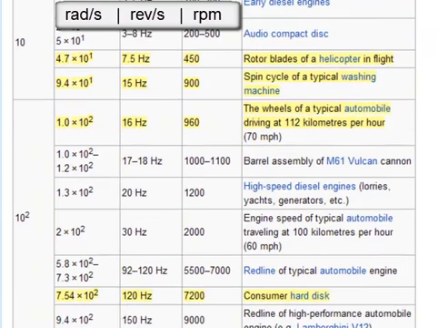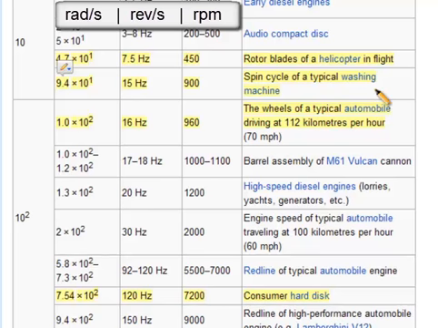Some more interesting ones down here. A helicopter's blades are going around at about 450 revolutions per minute. By the way, over here this is radians per second, so that's about 47, because this is times 10 to the first.